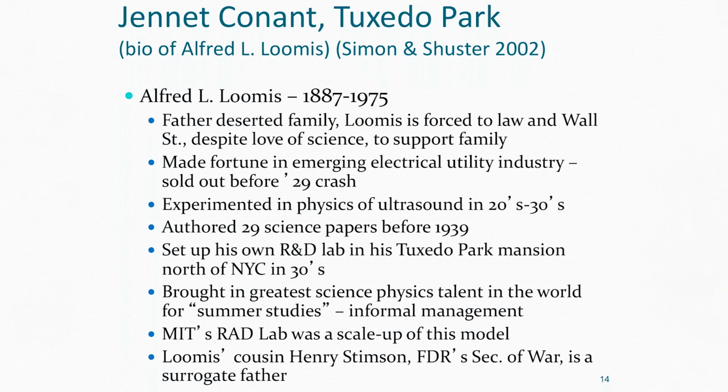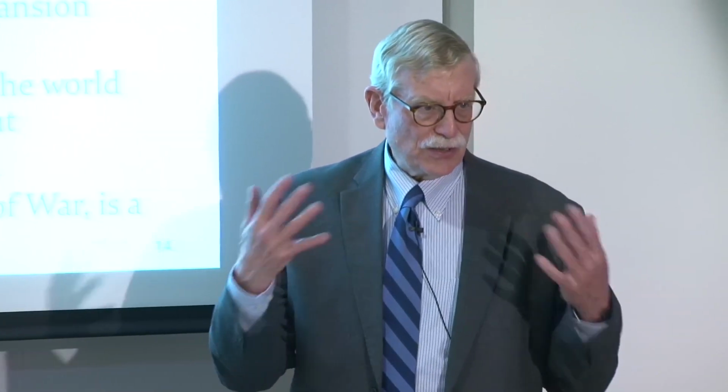So he has technical training and a love for science and strong undergraduate science training. He goes into investment banking. He understands technology. He makes one of the great fortunes of the 1920s. His investment banking firm is setting up utility companies, utility holding companies.